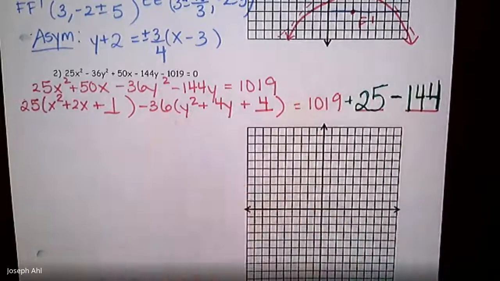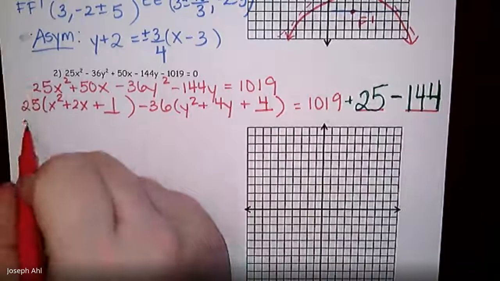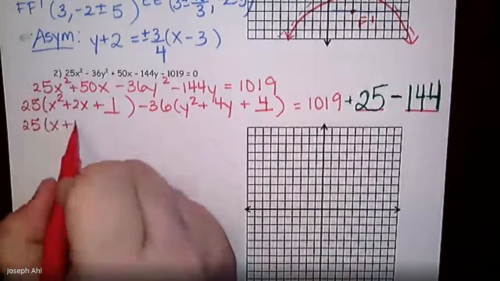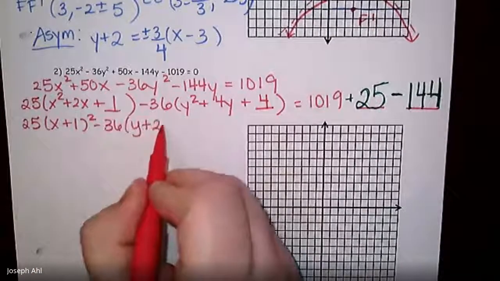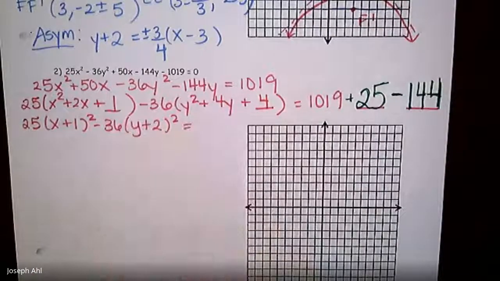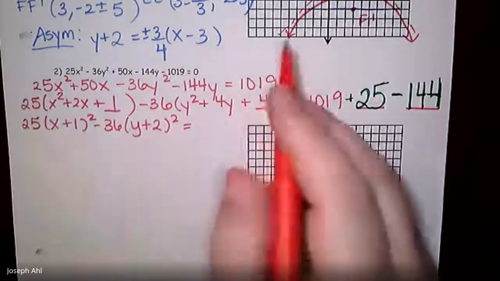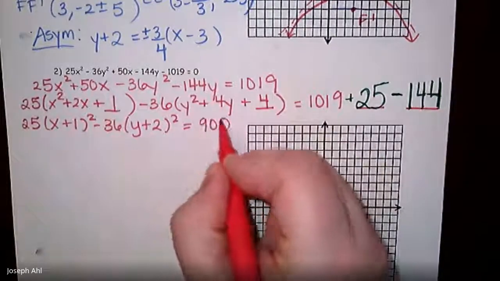Be really careful. I know it's so easy to lose track of what's happening when you take out a negative there. So from there, you're going to get 25 times (x plus 1) squared minus 36 times (y plus 2) squared equals... I have a feeling that whatever that number is on the other side, it's 36 times 25. We'll check it out. So this is 900.